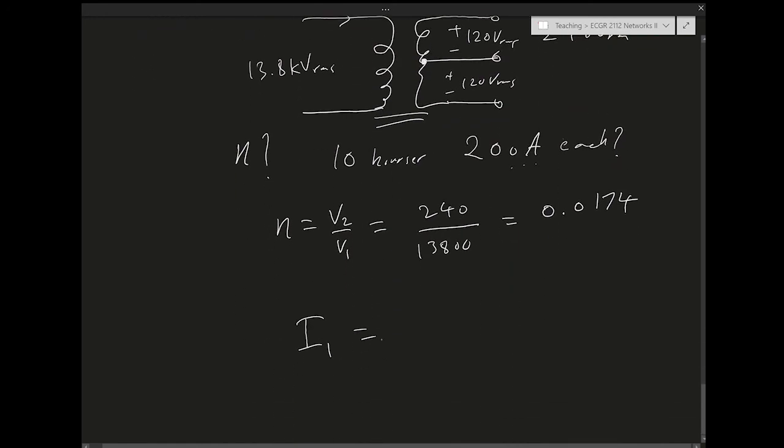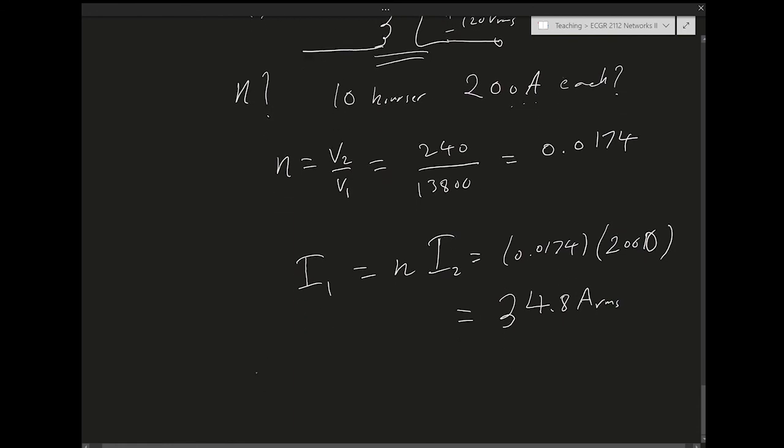Right? So the current I1 from the transformer relationship is N times I2, which is 0.0174 times 200 times 10 houses. We have 10 houses, so that's 2,000. If we do this, we discover that the primary current is 34.8 A RMS. So this is going to be a transformer that needs to be able to handle an apparent power of V1 times I1, right? 13,800 times 34.8.